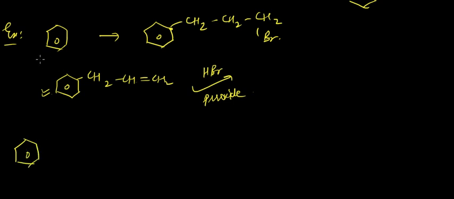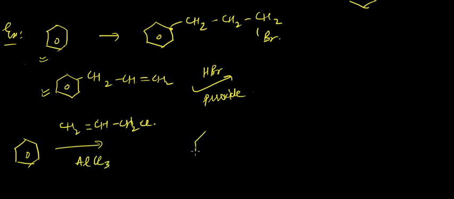How do we get this from our benzene ring? For this we can react our benzene ring with CH2 double bond CH-Cl, in presence of AlCl3. That would, via Friedel-Crafts mechanism, have substituted CH2 double bond CH2 on the benzene ring, right?